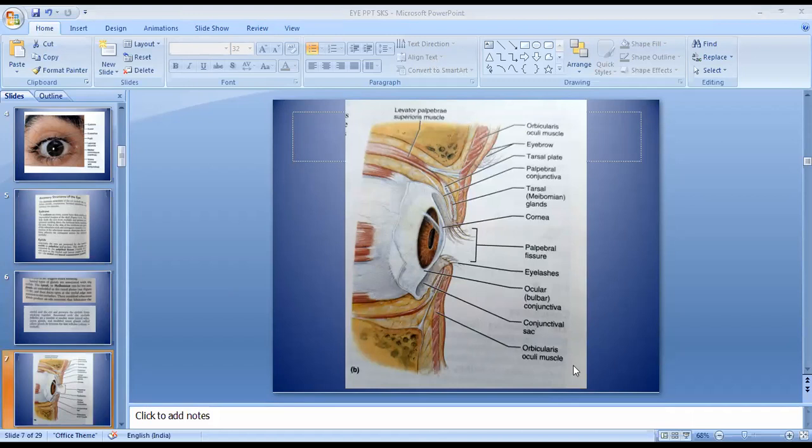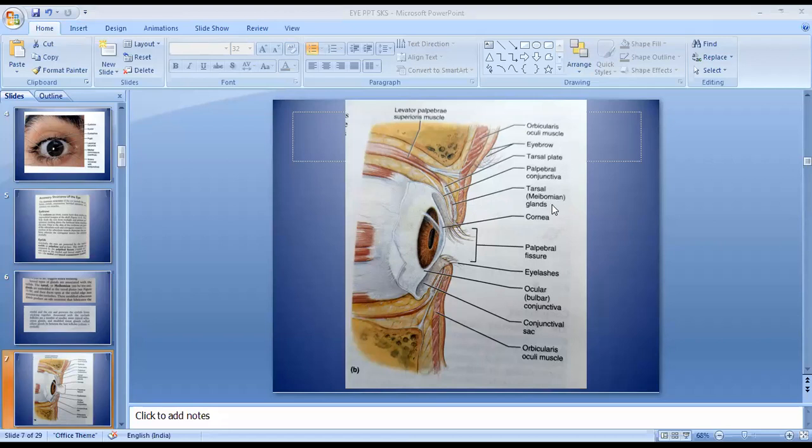Later we'll talk about conjunctivitis, conjunctiva, and the conjunctival sac. But above this sac is the eyelid, and here you can see the tarsal glands, or meibomian glands.